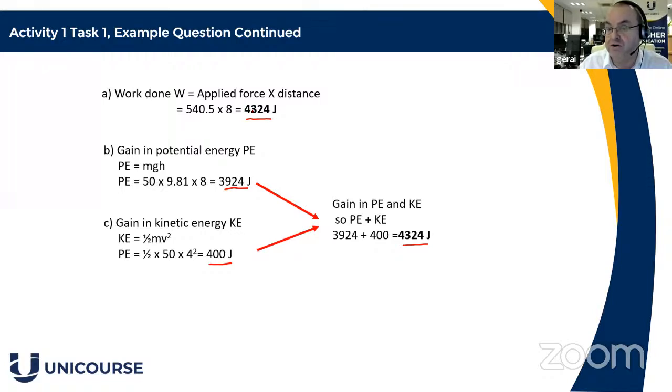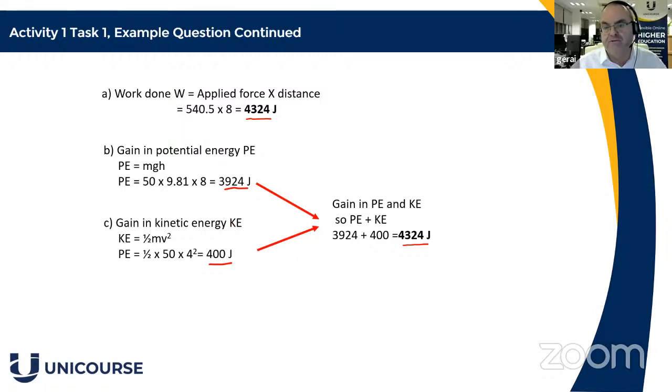You've done that much work, that energy can't disappear, so it must equal the gain in potential energy and the gain in kinetic energy. Of course, we ignored things like wind resistance that might occur, but that's relatively small anyway. So hopefully that will help you quite a bit with task 1 in activity 1.